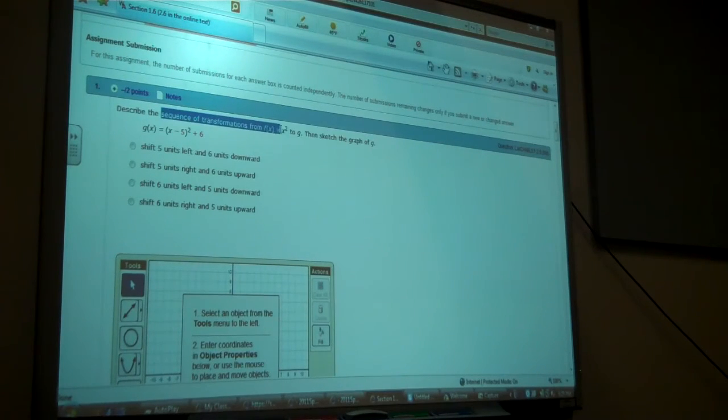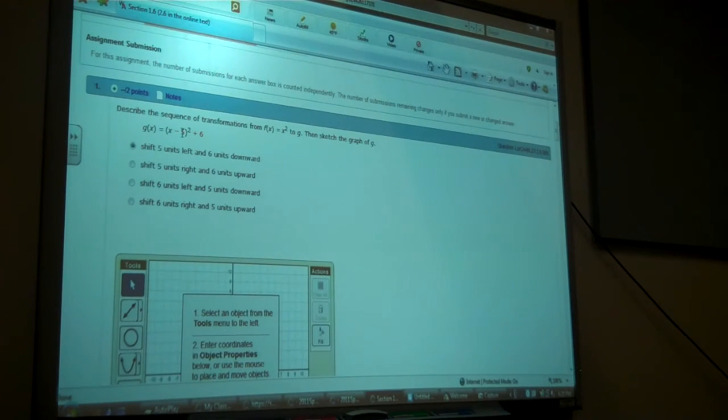Describe the sequence of transformations from the graph y equals x squared to this other graph that has this formula: g equals (x minus 5) squared plus 6. Oh wait, a shift, 5 units to the left, 6 units up. Wow, this is so confusing.